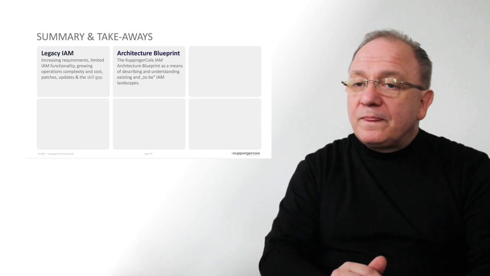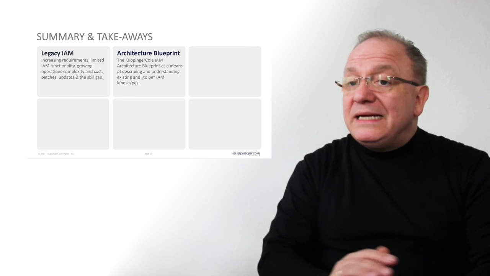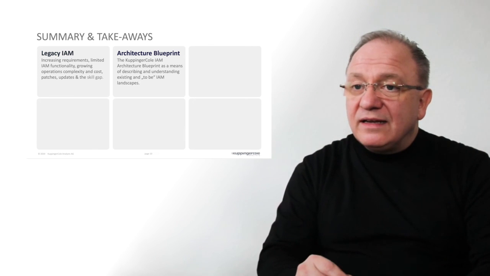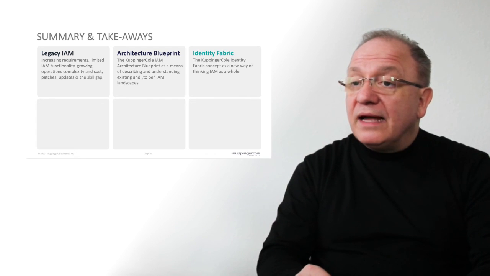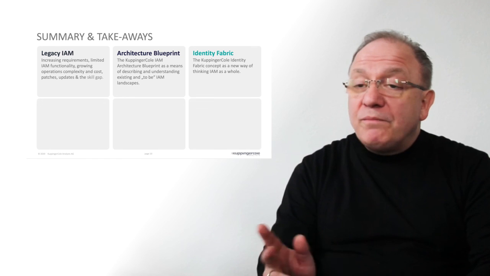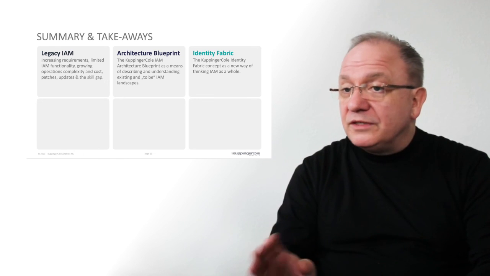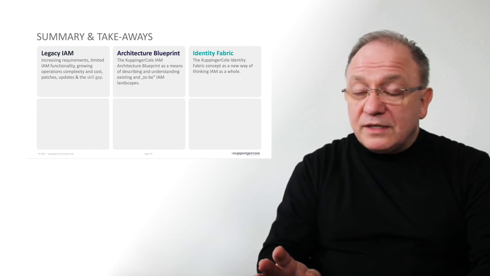I've shown you the architectural blueprint of KuppingerCole as a means of describing and understanding the status quo and the to-be IAM landscape. I've quickly shown you the identity fabric for both of these things: architecture blueprint, identity fabric. There's much more to learn on our website.